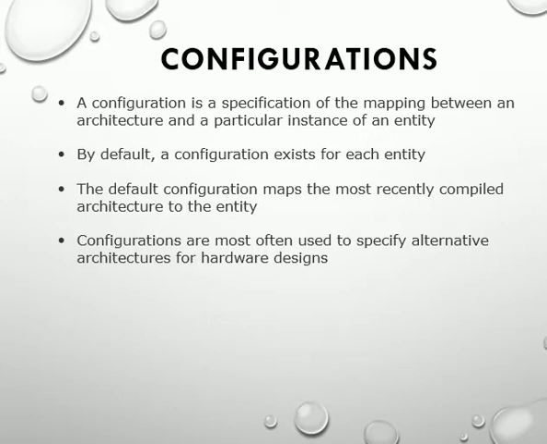So a configuration can be used to provide fast alternatives of components, instances of structural or hardware design, okay. The configuration declaration starts with the configuration name and then it is associated with a given design entity.